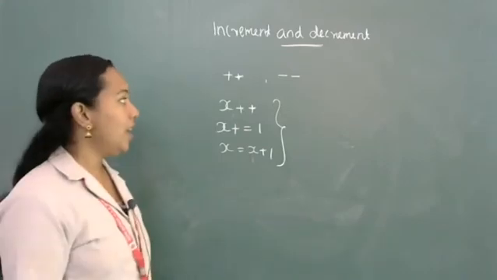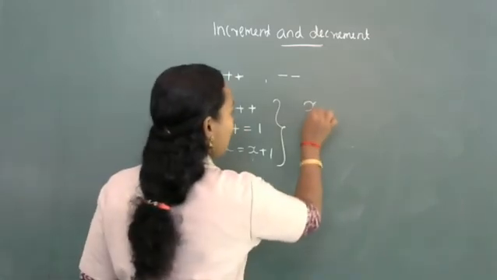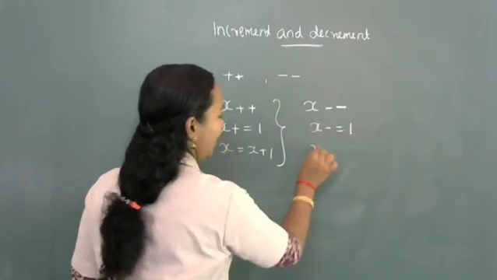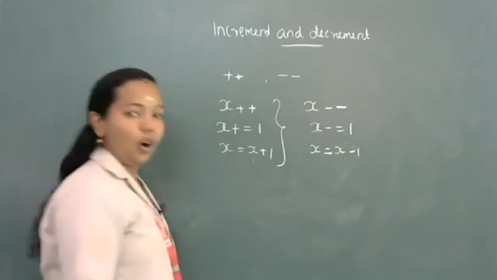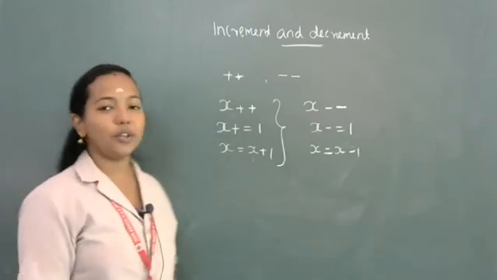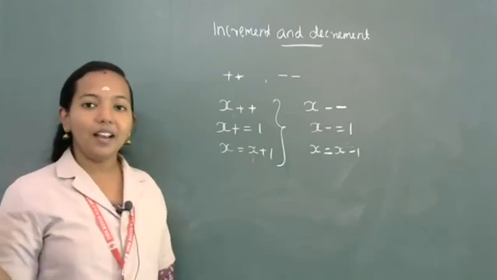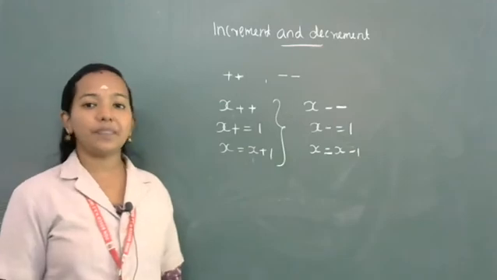Then for decrement, same: x minus minus, x minus equal to 1, x equal to x minus 1. All these expressions give the same value, subtracting 1 from variable x.